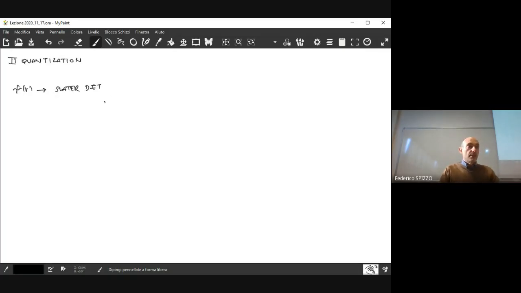The Slater determinant uses single electron wave functions to build up a new N-electron wave function, and that N-electron wave function is a determinant. So it is quite a complex expression that tries to combine the single electron approach and the fact that the N-electron wave function has to be antisymmetric.